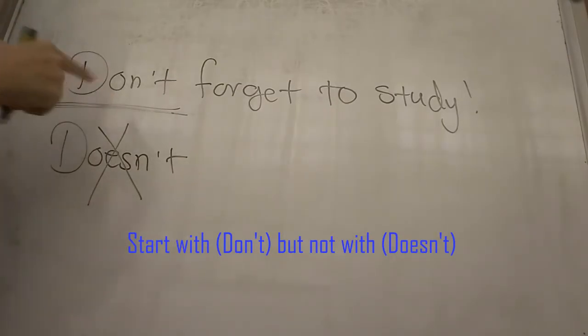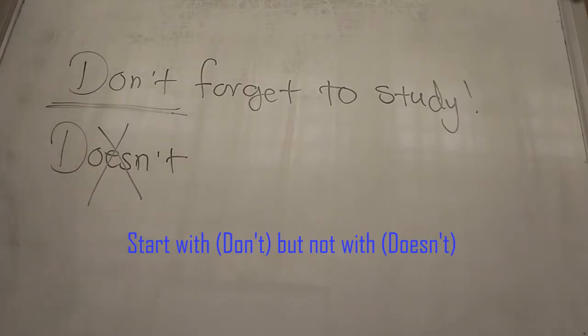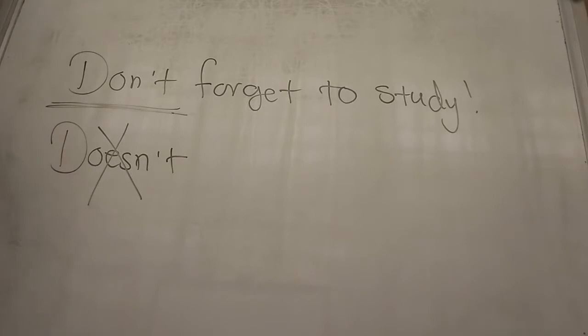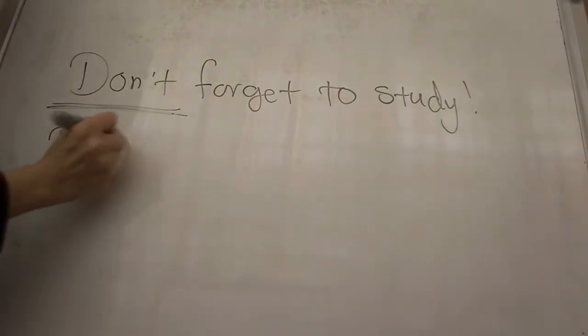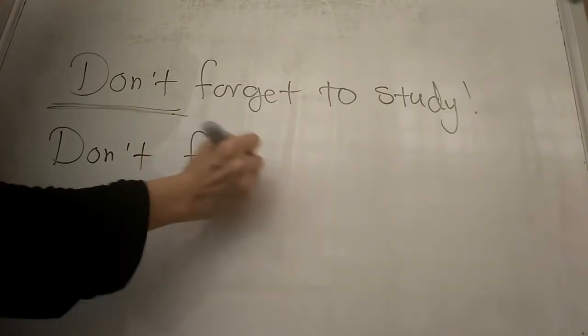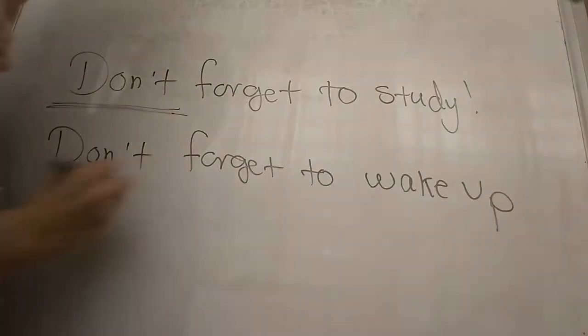What does it mean if we start the sentence with "don't"? It means that you are giving advice, or you are reminding someone to do something. So we start with "don't." Don't forget to study. Don't forget to wake up early.